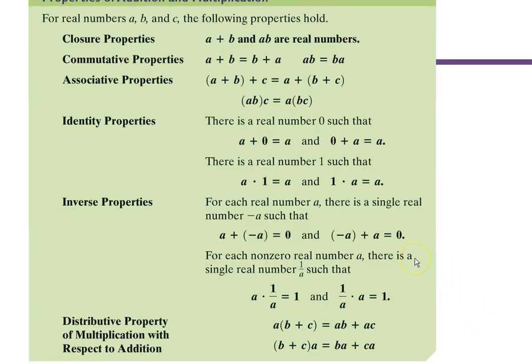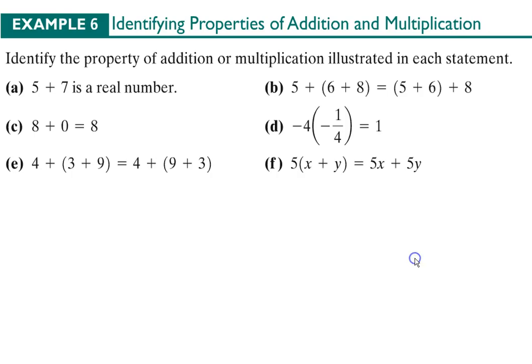Alright, we did go over the properties already, so I'm going to pass this up. And now we're asking you what properties. We're saying that 5 plus 6 is a real number. That's the closure property. Now, notice we have 5 plus 6 plus 8, 5 plus 6 plus 8. The order is the same.